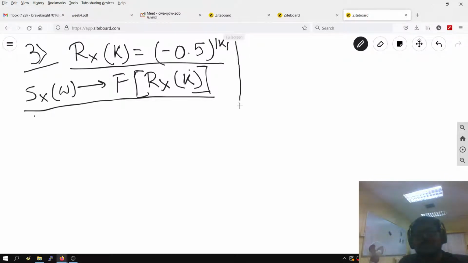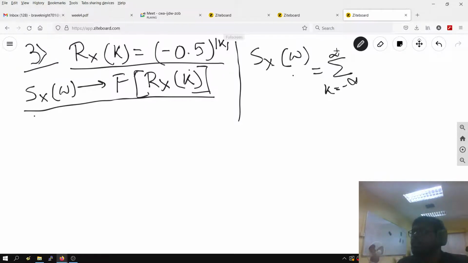So this is S_x(omega), and it will be the sum over k equal to minus infinity to infinity, and the factor is the same, the signal we know.